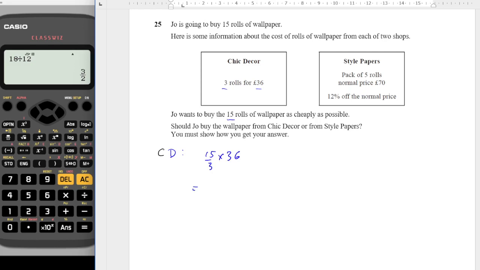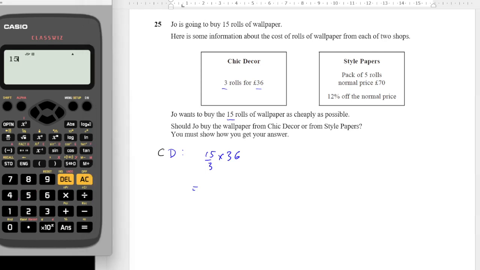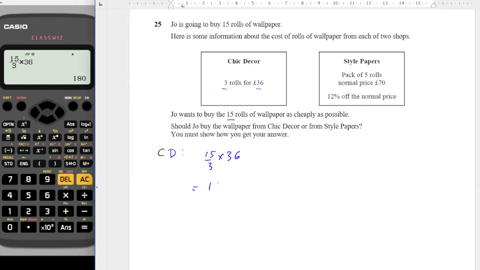So that's going to be 5 times by 36, but let's always double check answers. That's going to be £180 to get those rolls from CD or Chic Decor.